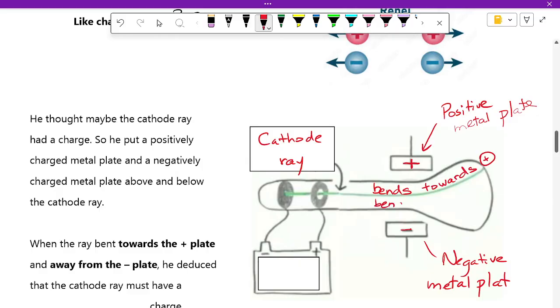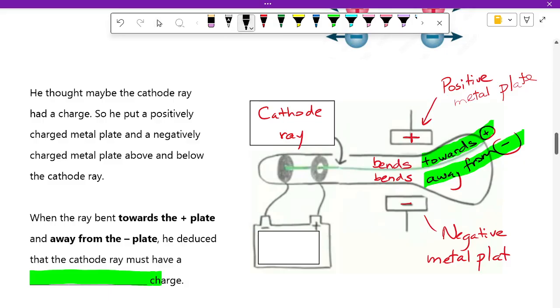Also, it bends away from, what does it bend away from? Negative. If it bends towards positive, away from negative, what is its charge? Has to be negative.